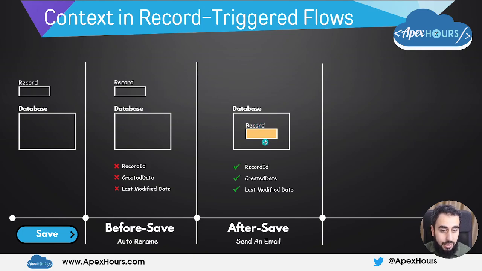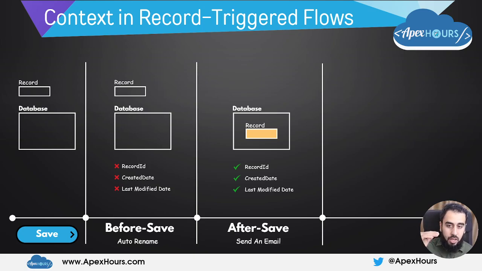And the fact that it is now in the database means that a record ID has been generated, the created date field has been populated, and the last modified date has been populated. And the fact that we have a record ID here means that you can create related records right now. Remember, if you were to create a child record, you're going to need to populate that lookup or master detail field. And to do that, you're going to need the ID of that record.